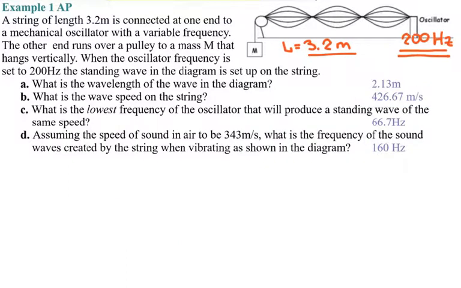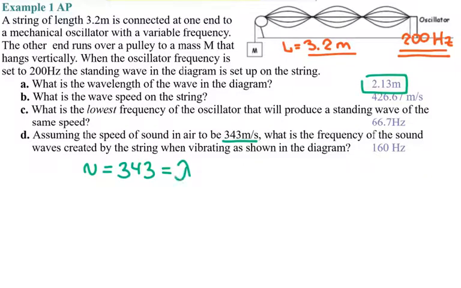For part D, assuming the speed of sound in air is 343 meters per second, what is the frequency of the sound wave created by the string when vibrating as shown in the diagram? In this case, the velocity is given, 343, and the wavelength I found is this much.